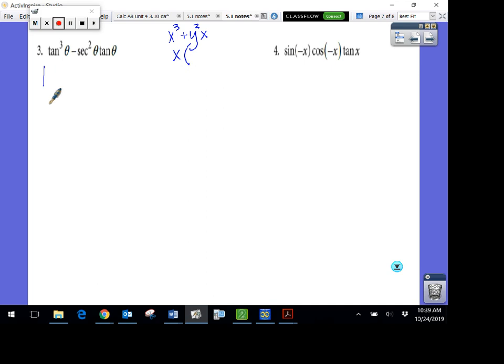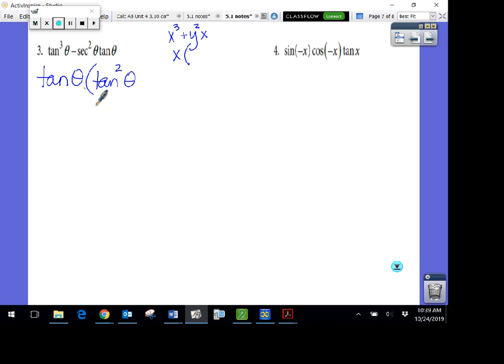So here, we could take out a tangent theta, because I know tangent squared and secant squared go together as far as our Pythagorean identity. When I look at my Pythagorean identity, if I can get a tangent squared and a secant squared, that'd be great because I can simplify that. So if I take out one of those, I'm left with tangent squared.